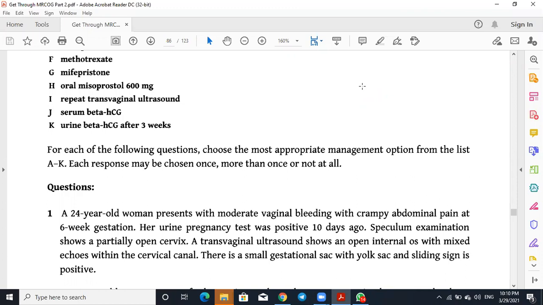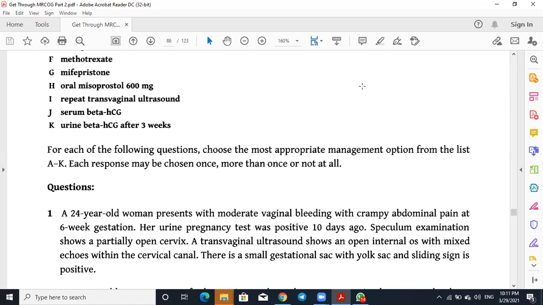Okay. The incomplete. Moderate vaginal bleeding. Wait. This is a moderate bleeding. The cervix is open. And you have mixed echoes in the cervical canal.